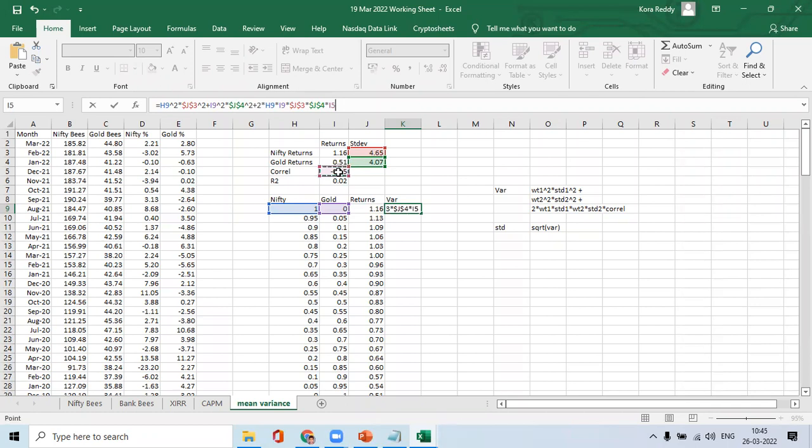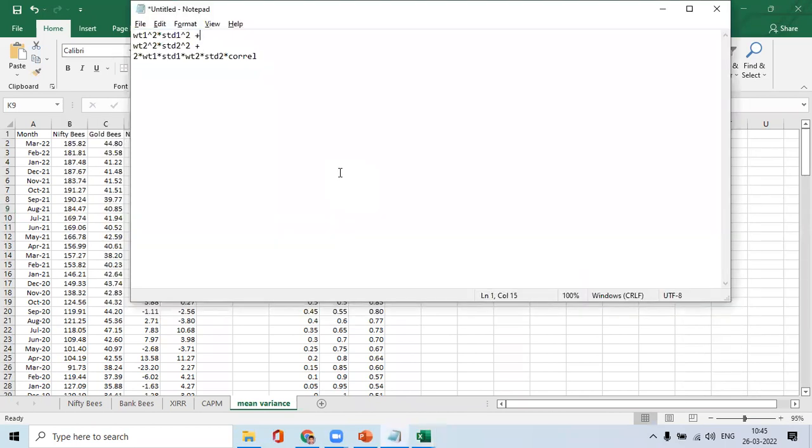Right? This is the variance. Now this equation, I'll ask you a question, just try to attempt, right?